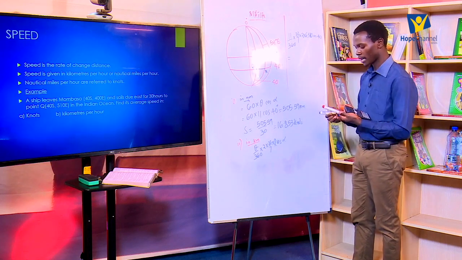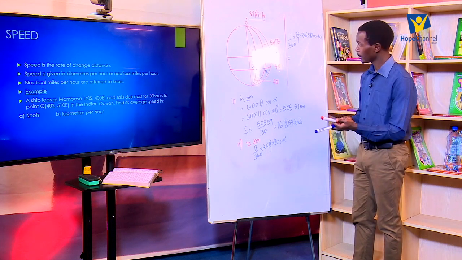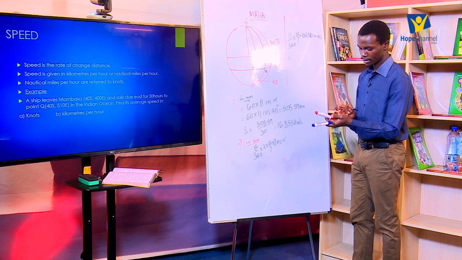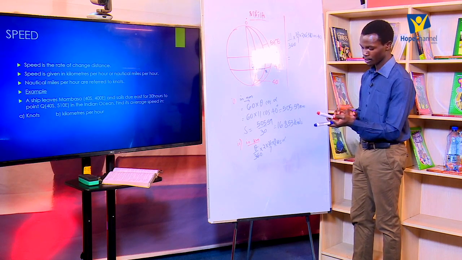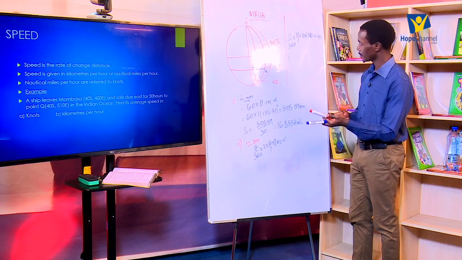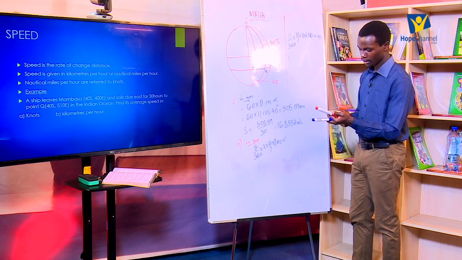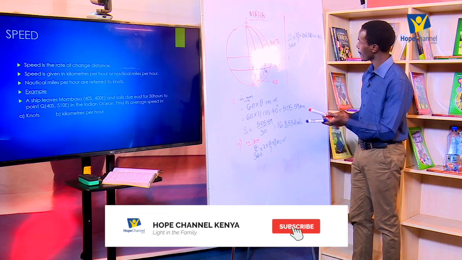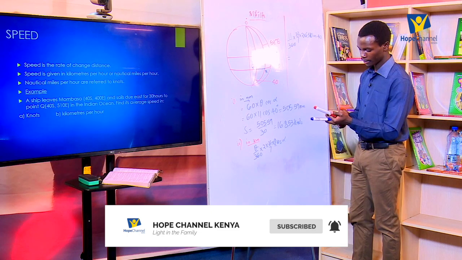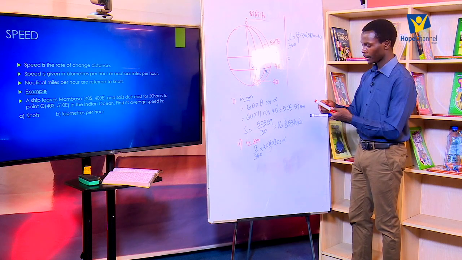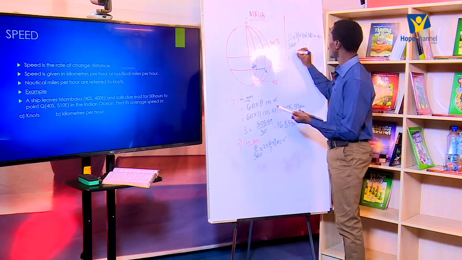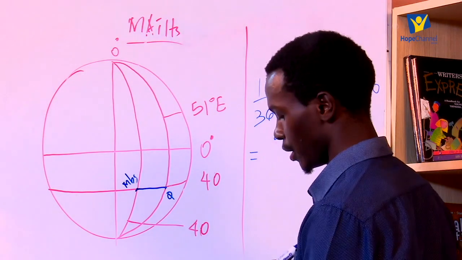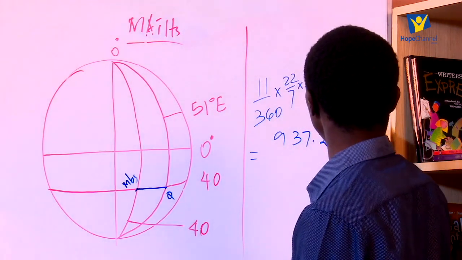So when you multiply that, what do you get? Let's see. We have 11 times 22 times 2 times 6370, the cosine of 40, divided by 360 times 7. That gives us 937.21 kilometers.